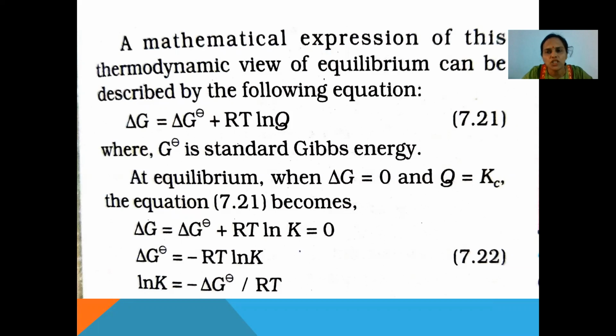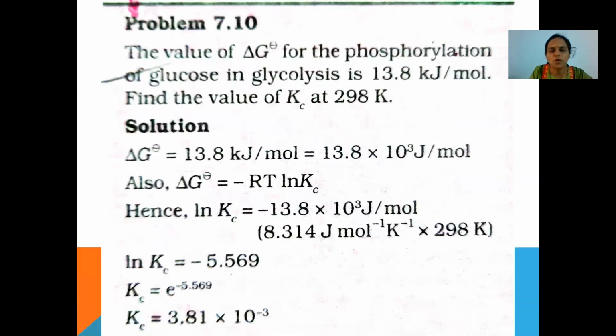Therefore, delta G in its standard state equals minus RT natural log of K. If I need to convert natural log to the base 10, I need to multiply it by a factor 2.303. So delta G in its standard state equals minus 2.303 RT log K. So we'll apply this formula in the numerical problem.